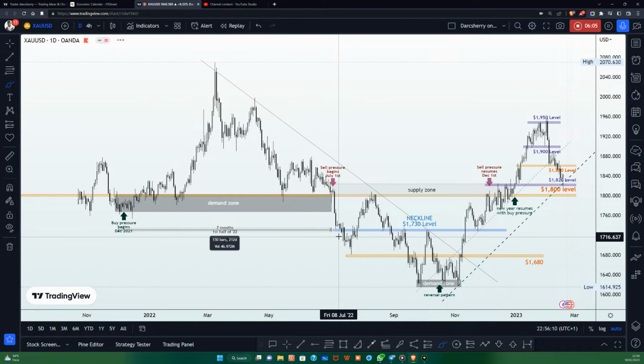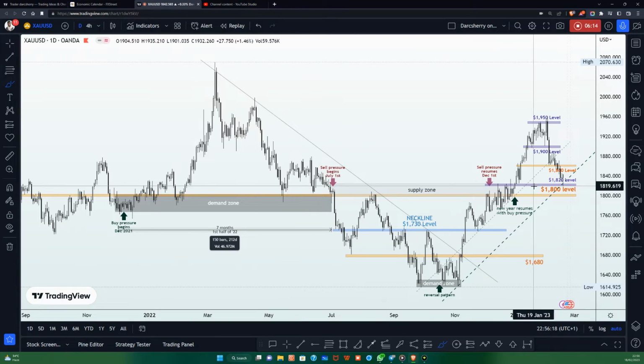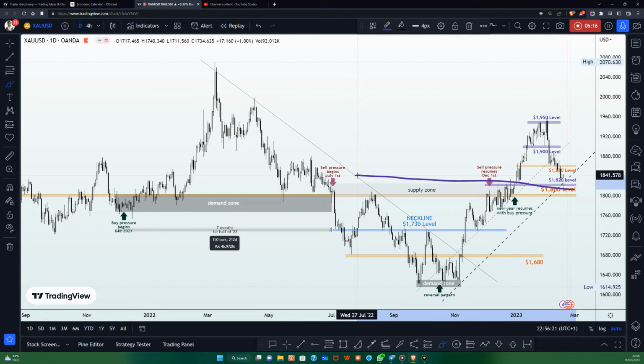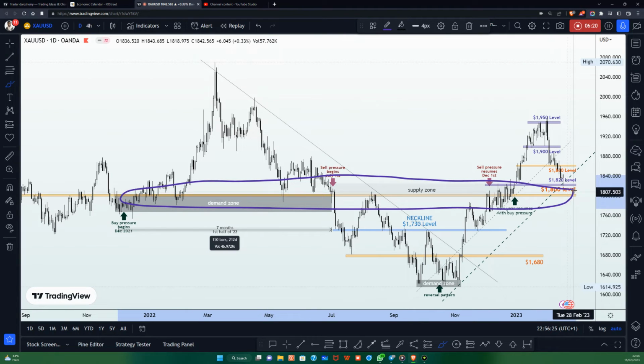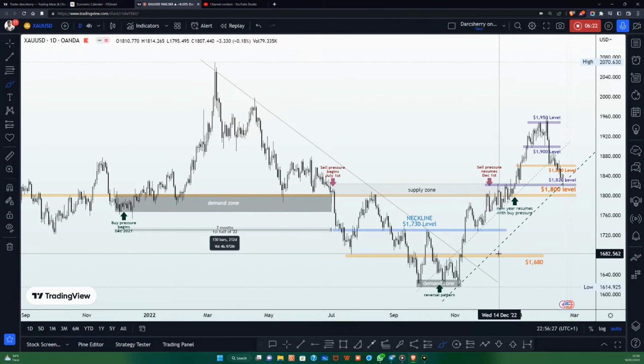And if we zoom out into what has been happening since the beginning of last year, the first thing that will be clear to us is the fact that the $1,800 level has been a beautiful and significant structure in this market. And for me, at this point, it appears we are at an equilibrium, as the 1800 level has been a significant structure that has been determining where price action will be going.